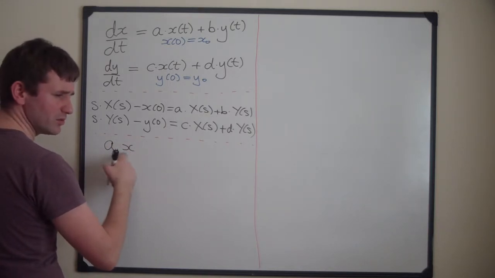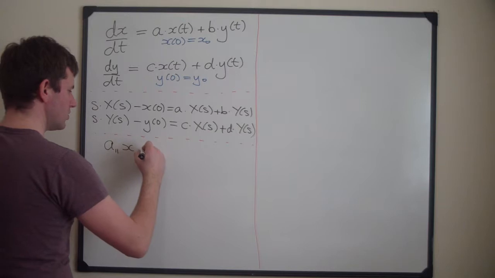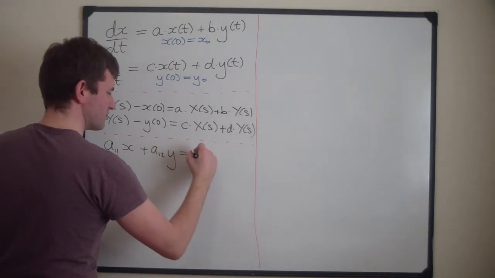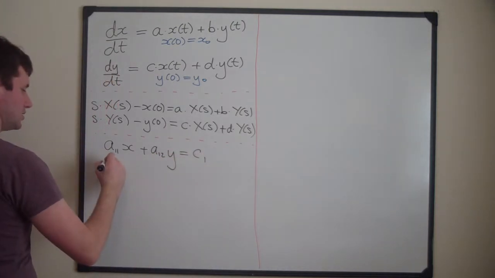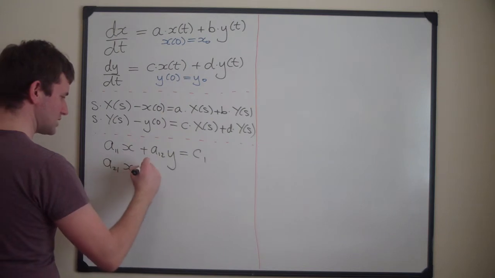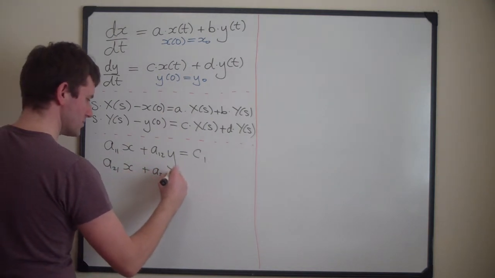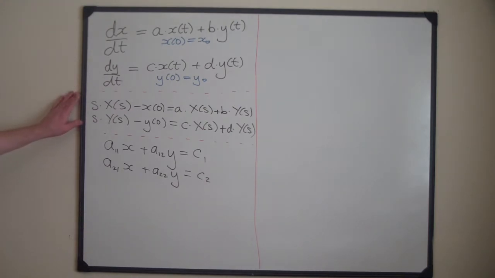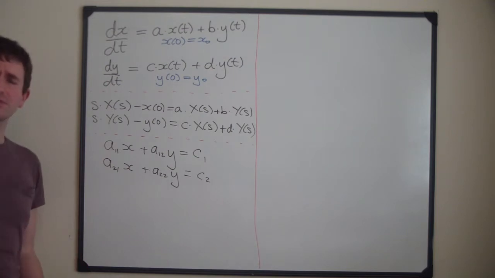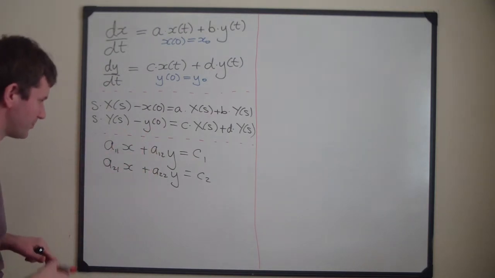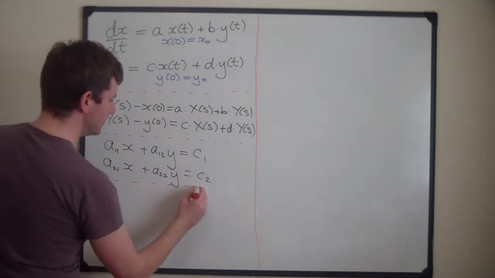So you have some coefficient times x plus some coefficient times y equal to some constant, and another coefficient times x plus some coefficient times y equal to some other constant. This is something like you did in chapter 1, all the variables on one side, all the constants on the other. So this is what we're trying to do.